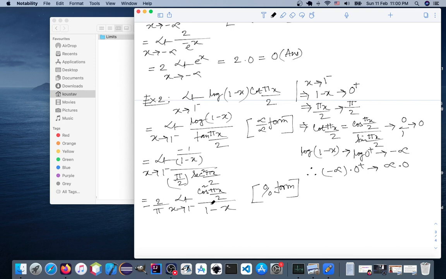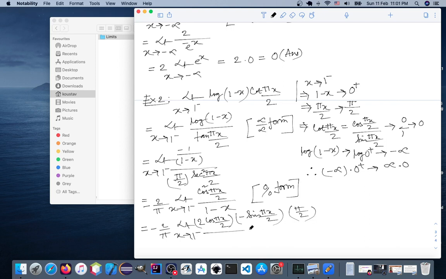So we again apply L'Hopital's rule, differentiate, and we get minus 2 by pi, limit x tends to 1 minus. The derivative of cos square(pi x by 2) is 2 cos(pi x by 2) times minus sine(pi x by 2) times pi by 2.